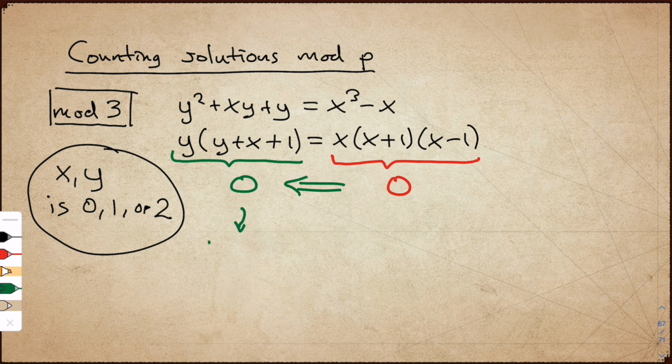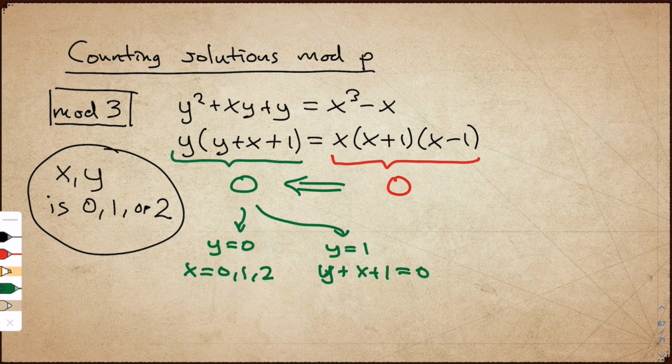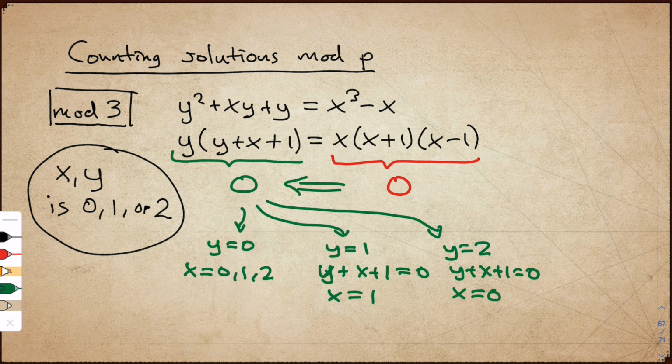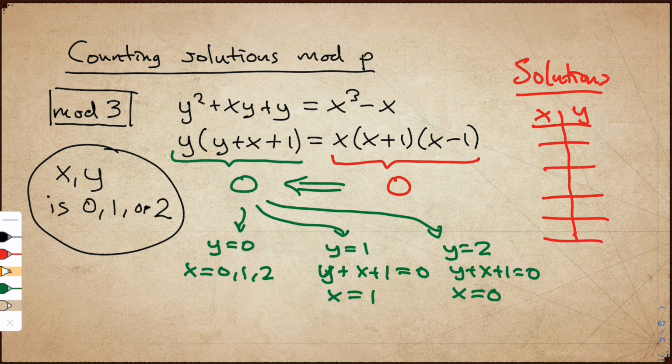Now, either y is 0, and x can be anything as before, or y is 1, then the bracket must be 0, which means x is 1. Finally, y can be 2, again the bracket must be 0, and x has to be 0. All in all, there are, let's see, 5 different solutions to the equation mod 3.